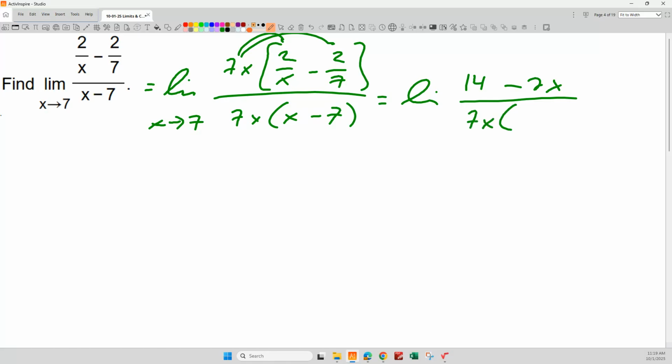So I just leave it as 7x minus x minus 7. Okay, what do I do on the top? Factor out, what should I factor out? Negative 2, exactly. If I factor out a negative 2, what's left behind?